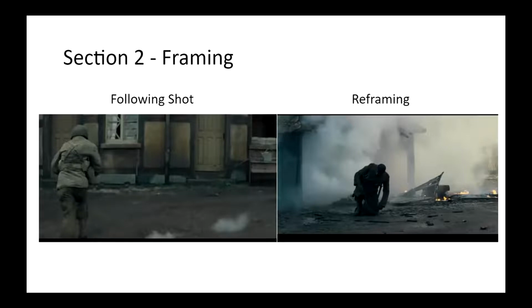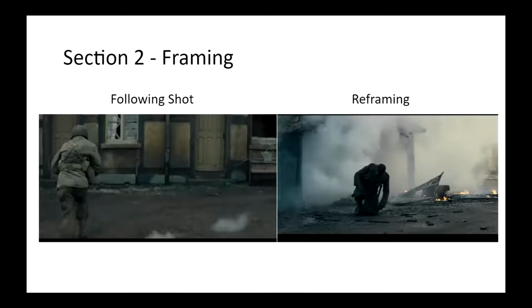On the right side, we have reframing, part of the cinematography skills. This is after Masaoud was pretty much blown up in that house by the RPG, and the scene starts with him on the ground and the camera focused on him. Slowly, as he gets up, the camera slowly pans upward.